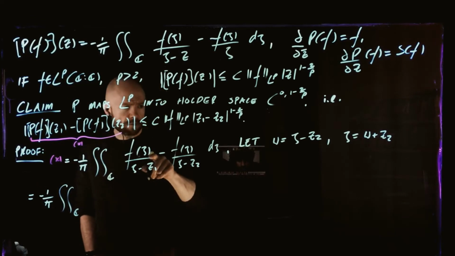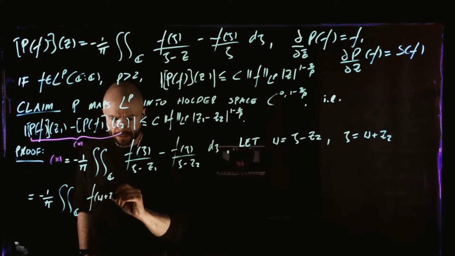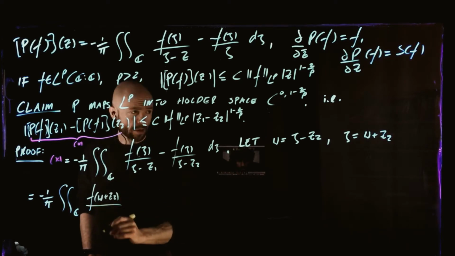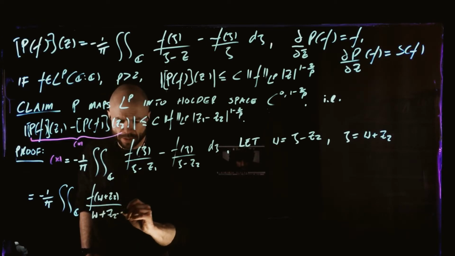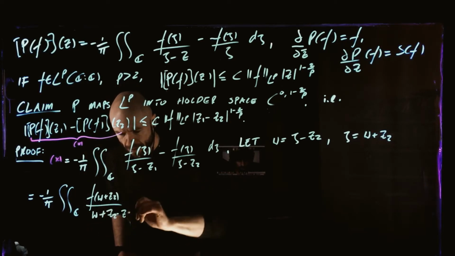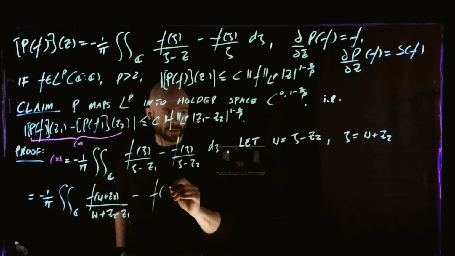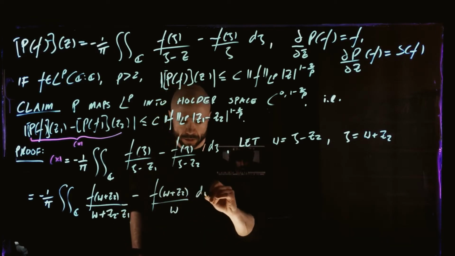And then this guy right here will now become f of w plus z2. On the bottom here, we're going to have w plus z1 minus z2. Oh, sorry, plus z2 minus z1. Like this, right? And in here, we're going to have f of w plus z2 and this thing is just going to be over w, dw.